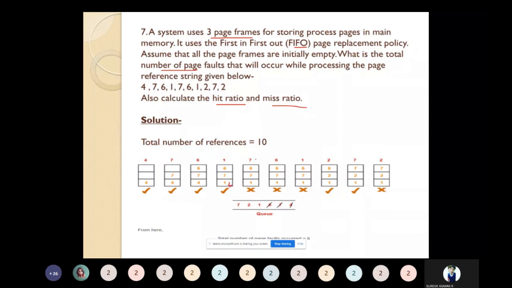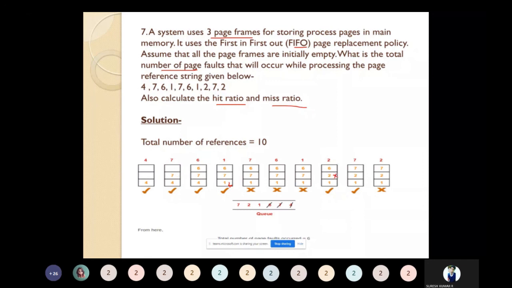Next 7 is already present, so there is no need to fill it; I mark a cross. Next 6 is present, next 1 is present. Next 2 comes; 7 was filled earlier, so 2 is replaced in the place of 7.